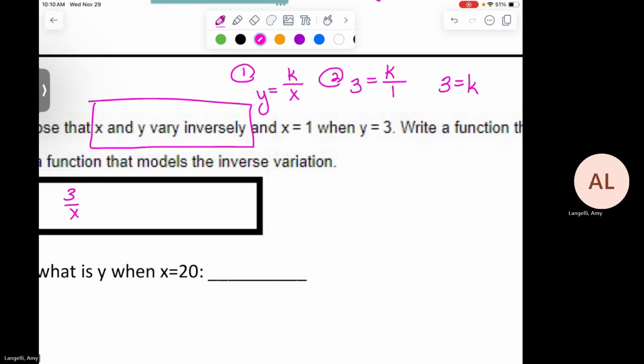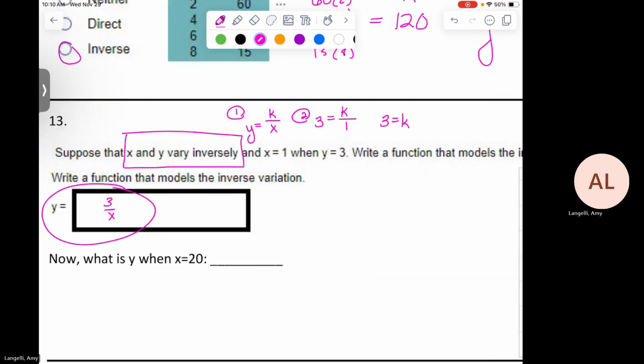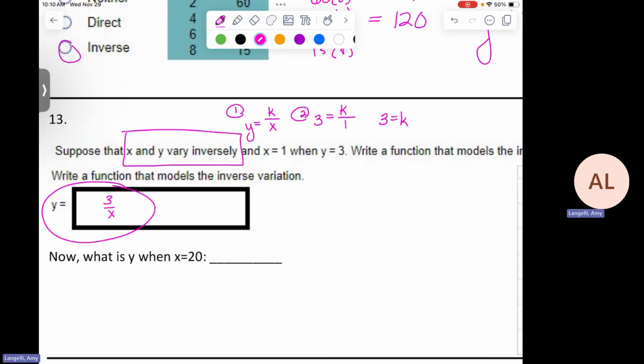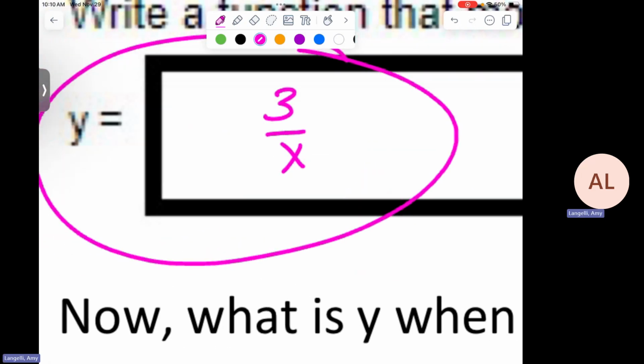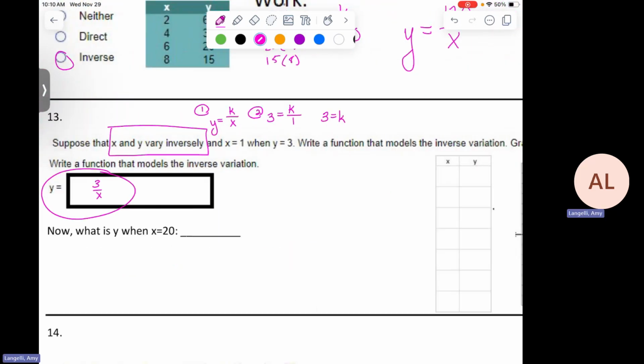Yes. y equals 3 over x is our equation. What should your middle x be? What's your point of discontinuity? 0. Very good.